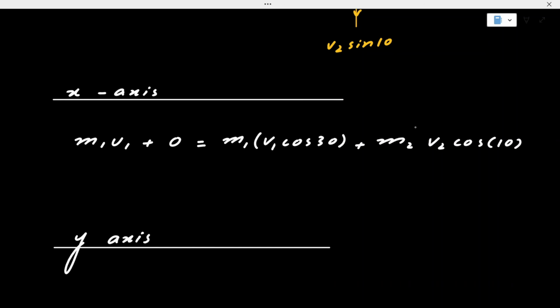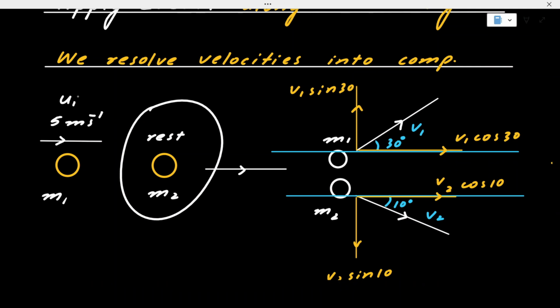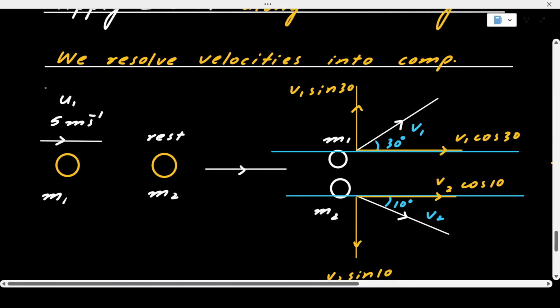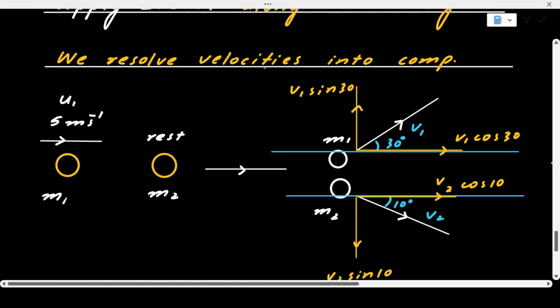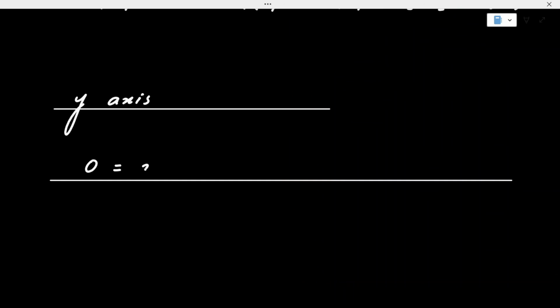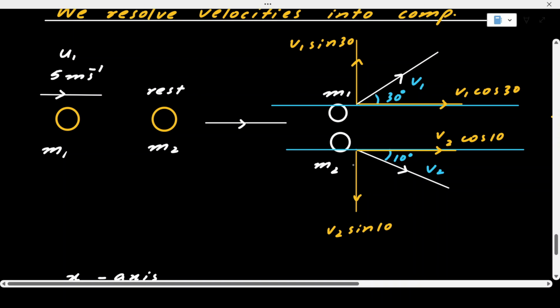When we resolve along y-axis, the momentum of both of them before the collision is 0, because one of them is not moving, and the second one is also not moving along y-axis at all. It is only moving along x-axis. Now what do we have after the collision? The momentum of m1 after the collision along y-axis is m1 v1 sin 30, plus the second one, m2, which is now moving downwards.